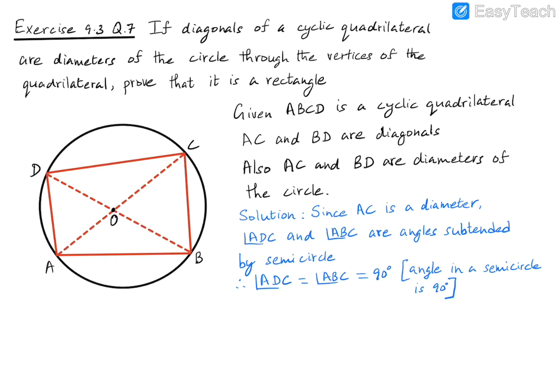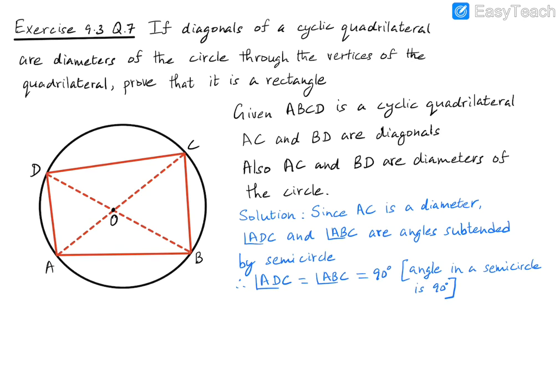That means angle A, angle B, angle C, and angle D should all be 90 degrees. To show ABCD is a parallelogram, it is very simple. One of the properties of a parallelogram is that the opposite angles are equal. And the converse of that theorem is that if the opposite angles in a quadrilateral are equal, then we can say that it is a parallelogram.